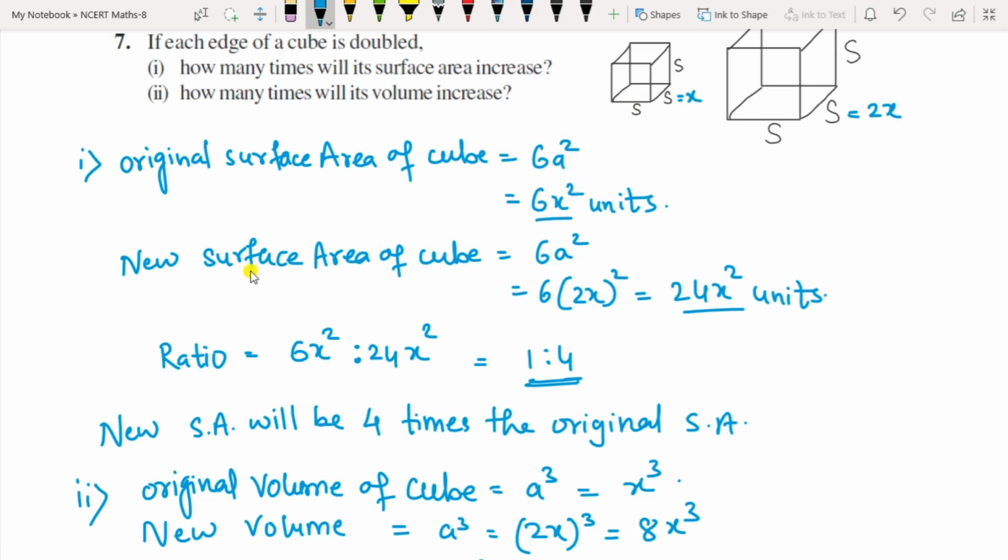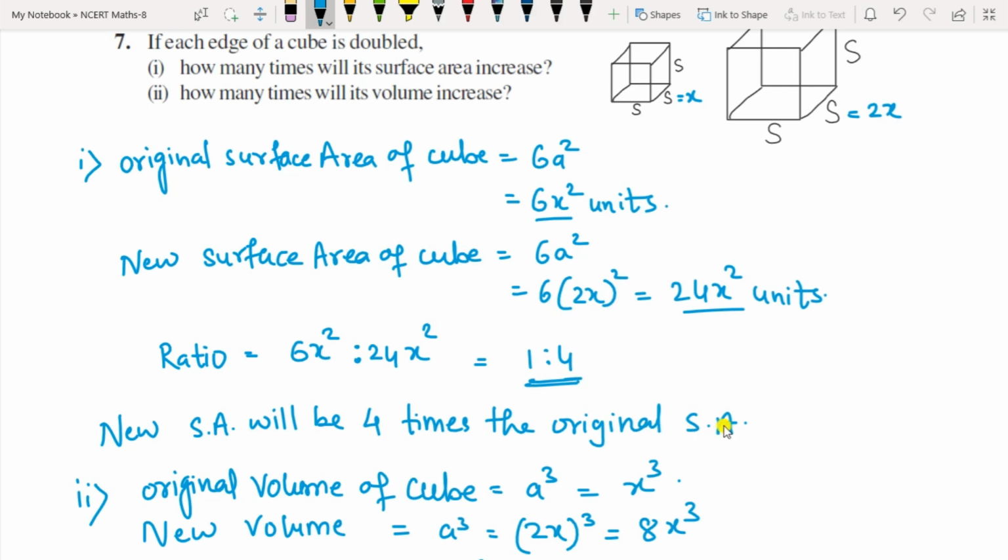New surface area after doubling is 6 into 2x square, that becomes 24x square. So the ratio will be 6x square is to 24x square. x square will get cancelled and that is 1:4. That means the new surface area will be 4 times the original surface area.